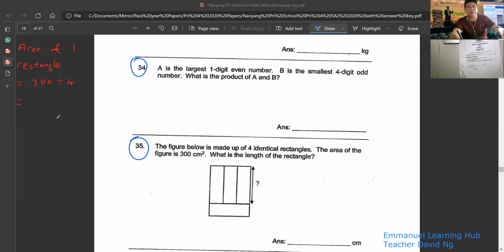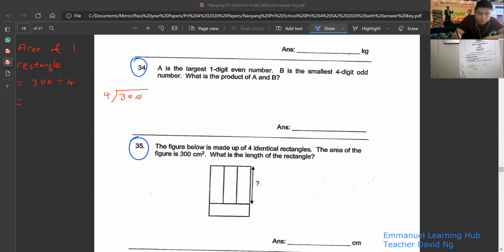So 300 divided by 4 equals how many? 150?